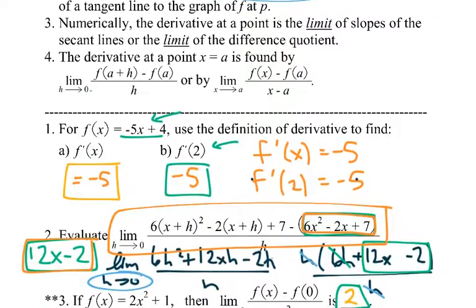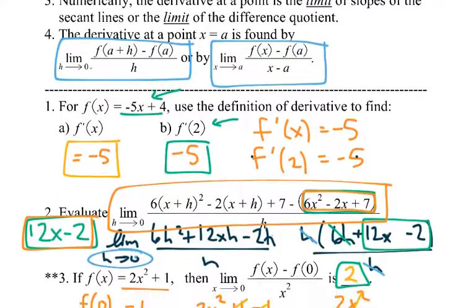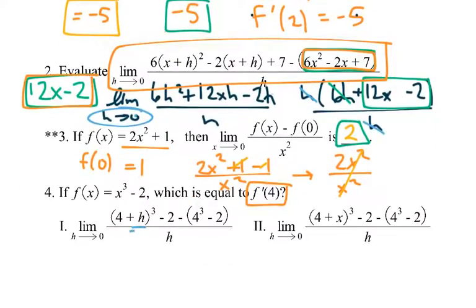What we want to look for is the structure of this equation. And what you're going to notice is there's an h in this one. A in this case is 4. Now we have 4 plus h, that's a plus h cubed, because this is cubed, and then minus 2.